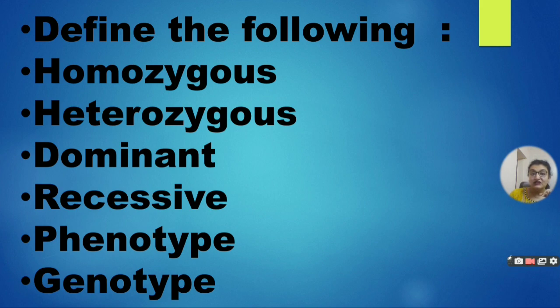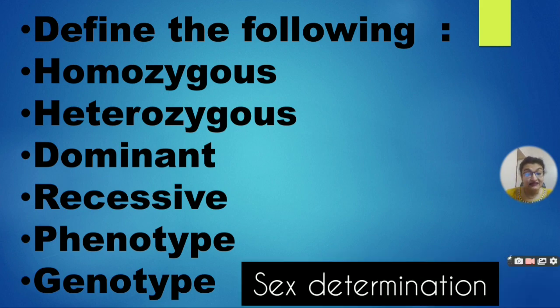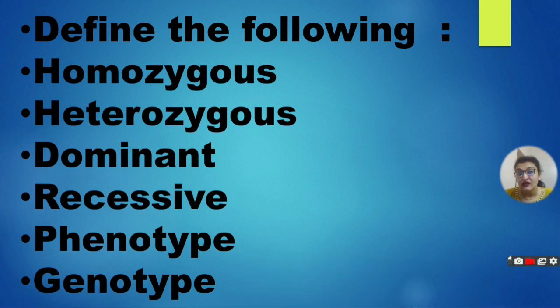You need to keep these in mind because sometimes questions can be asked like define the following by giving examples. But majorly the questions asked in class 10 regarding this chapter are the crosses, sex determination, and questions on blood group. Sometimes it has been asked, so we are going to take that as well.